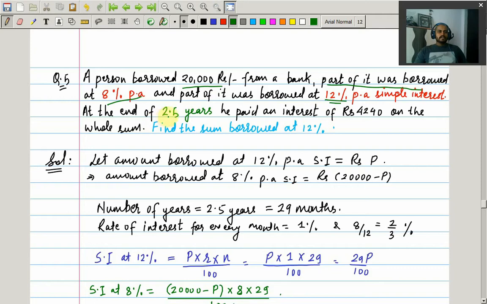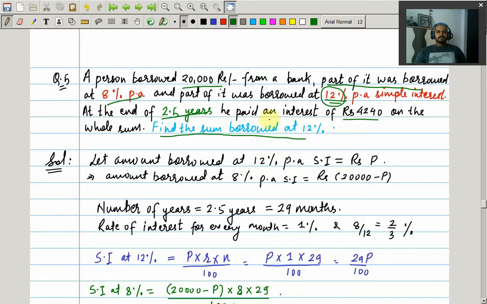At the end of 2.5 years, he paid an interest of rupees 4,240 on the whole sum. Find the sum borrowed at 12%. We want to find that sum which is borrowed at 12%.